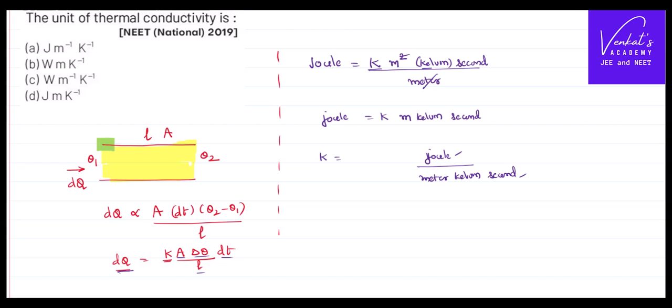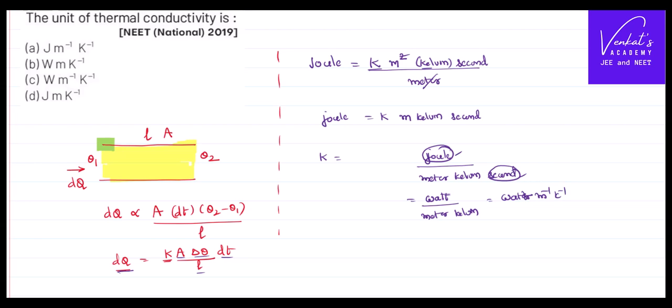Joule is energy, second is time. Energy per time is called power. Power has a unit called watt. So joule per second has another name, watt. So the unit is watt per meter Kelvin, or watt meter inverse Kelvin inverse.